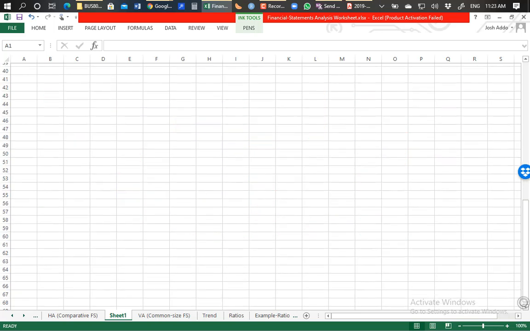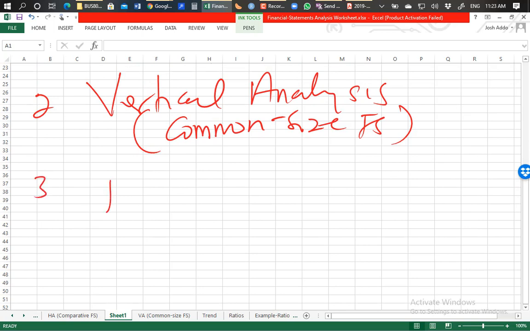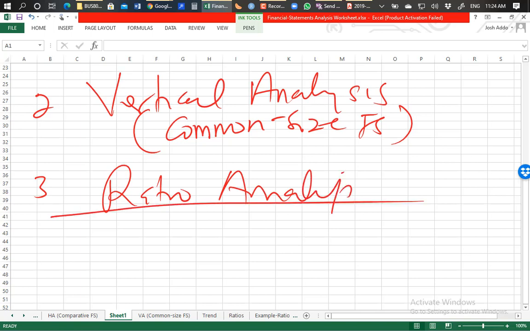Then we will talk about ratio analysis. So basically, we are going to talk about these 3 analysis tools.